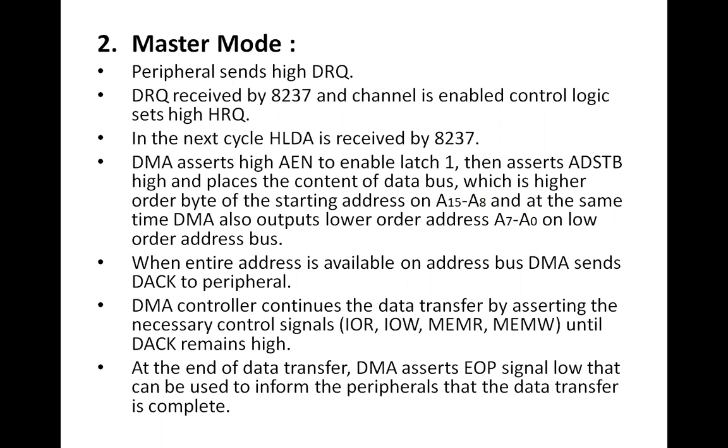The first step is when the peripheral is ready for the data transfer. It is not necessary that once the microprocessor has written the control words into the different control registers in the slave mode, the DMA controller is now ready to transfer the data. It will not be able to transfer the data unless the peripheral device gives a request to the 8237 that it wants to transfer the data.